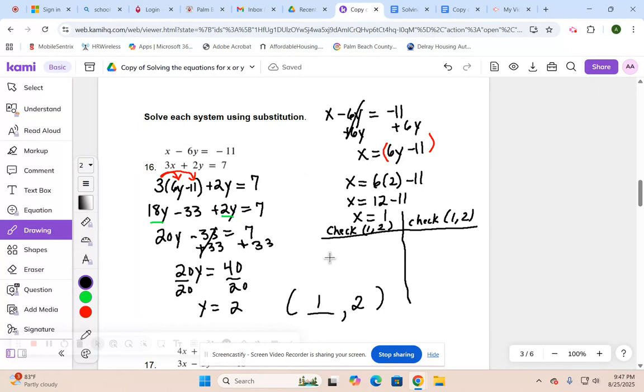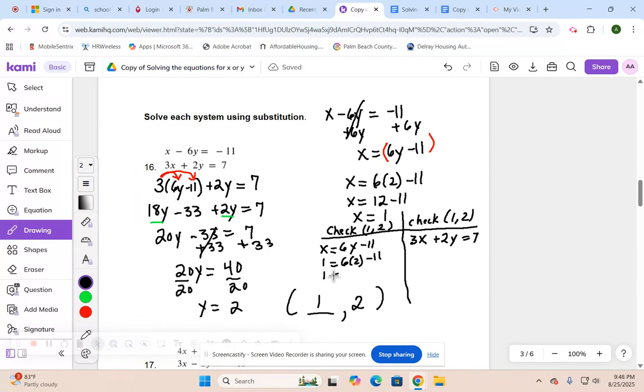It really doesn't matter. They are equivalent. x equals 6y minus 11. And then we'll copy the bottom one right here. 3x plus 2y equals 7. Okay, our replacement for x is 1. Our replacement for y is 2. So x is 1, y is 2, and we solve.